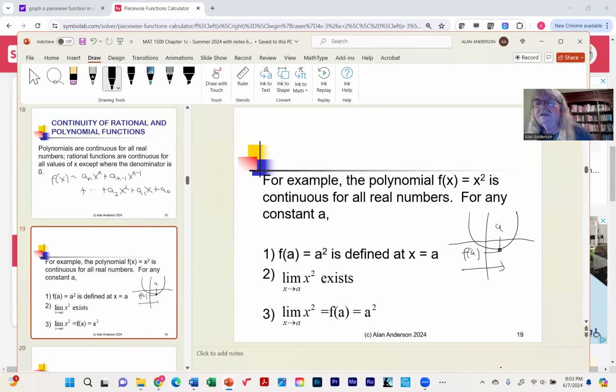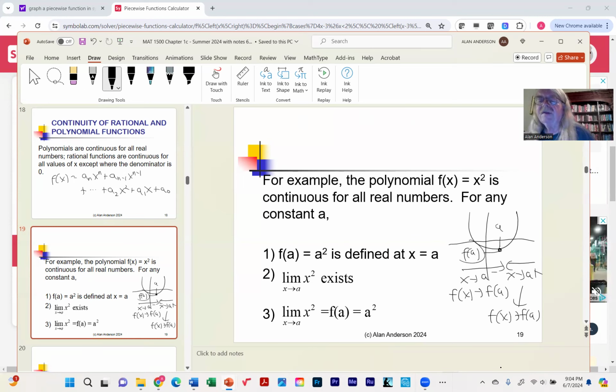As x approaches a from the left, the function approaches f of a. As x approaches a from the right, the function approaches f of a. So that guarantees that there is a limit and it also equals f of a. And that's all we need to prove continuity. Wow.